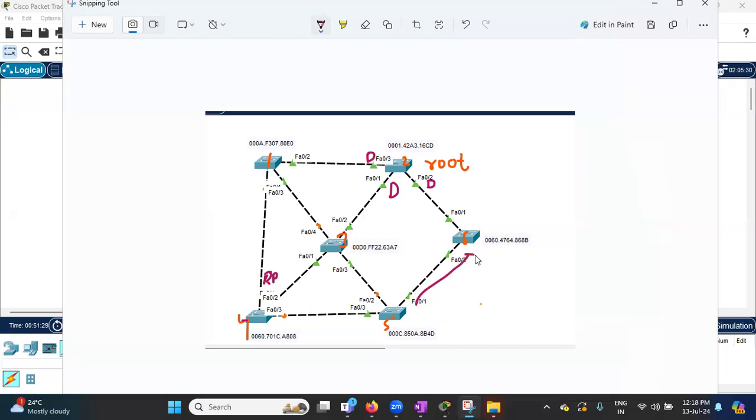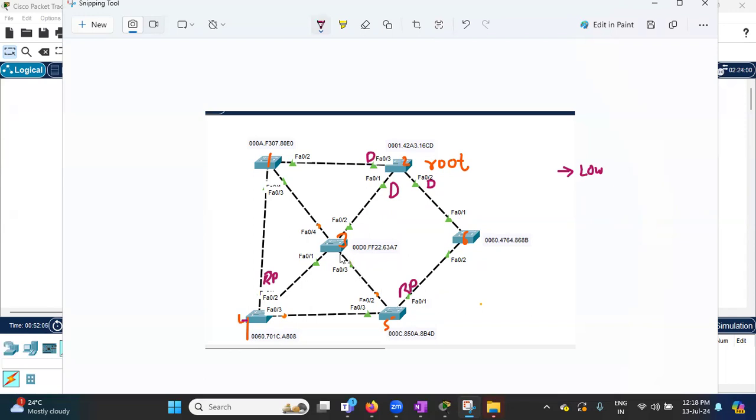This one: 19, 19, 38, and the other 19, 19, 38. Same cost. So then third is the lowest designated bridge ID. This is 0060, this is 00D0. So yes, this is the root port. This is RP. Okay.